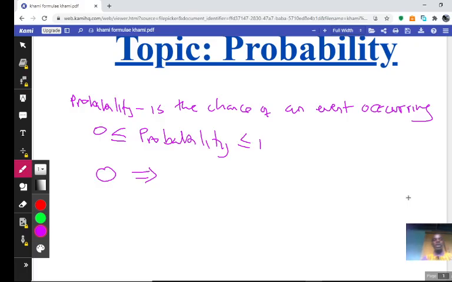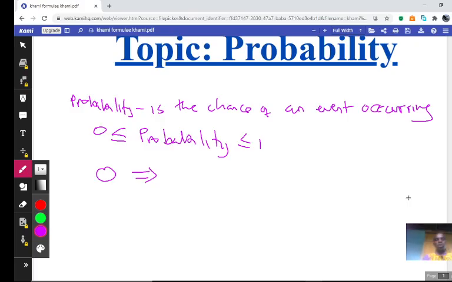What can be an example of that? The probability that it will rain on some day of the year. You don't know which day, but you are sure that one day it will rain in that given year. So that probability is actually 1.